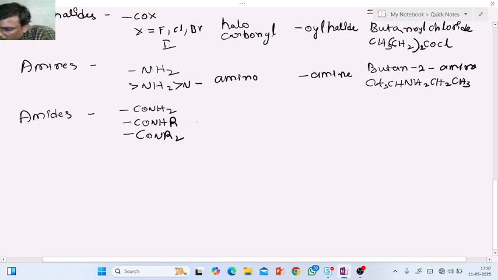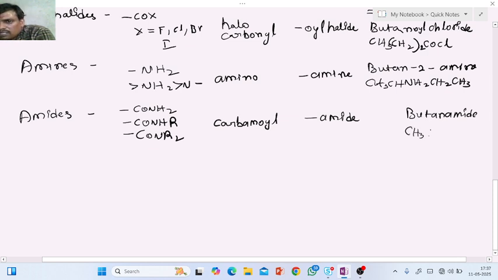And after that, carbonyl is a prefix, whereas amide is a suffix, and the example will be butanamide. So butane is there, amide is there. CH3 CH2 twice and CONH2. NH2 is there, na? Here NHR or NH2.